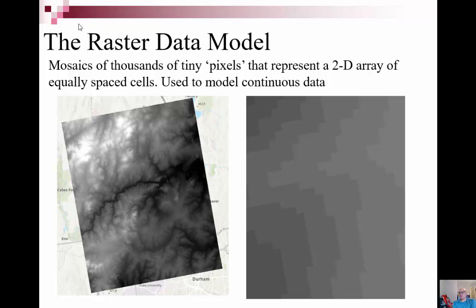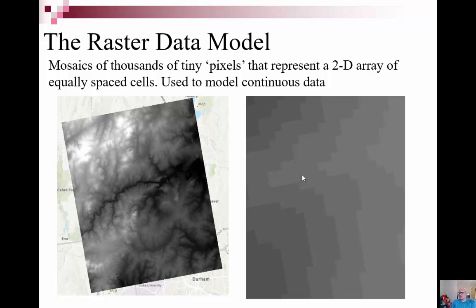Now there's always going to be this reconciliation between how big our pixels are versus what type of phenomena we're storing. We have data called LiDAR data. We might get to 1 foot elevation data. Do we really need 1 foot elevation data? Is 10 meters good enough? Is 100 meters elevation good enough? Probably not.